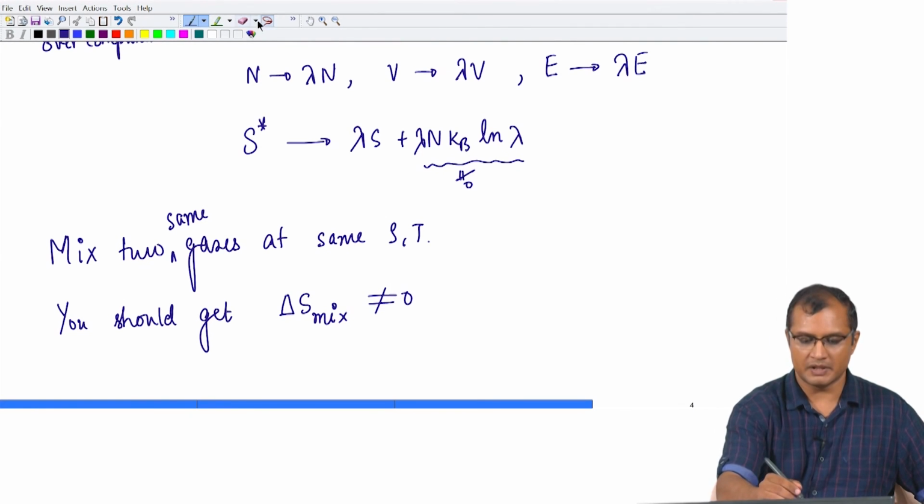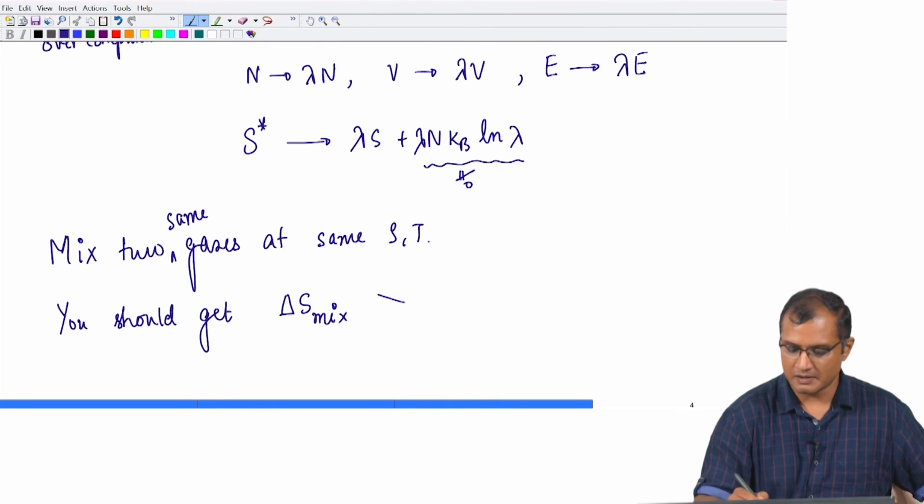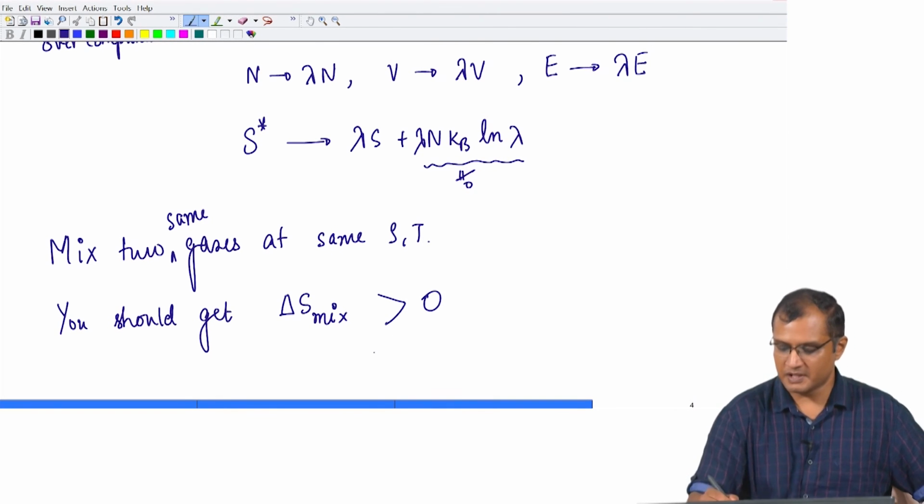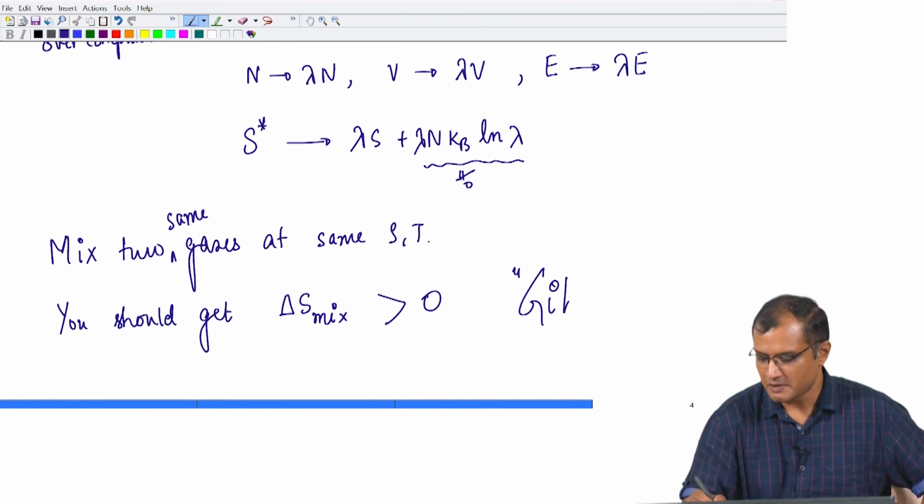In fact, you will get it as a quantity which is positive. So, this is basically the Gibbs paradox.